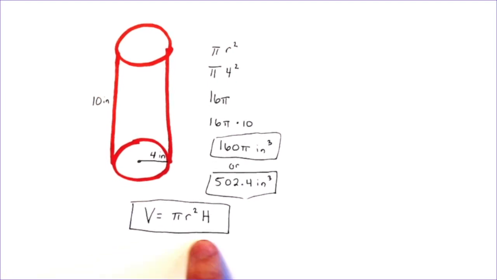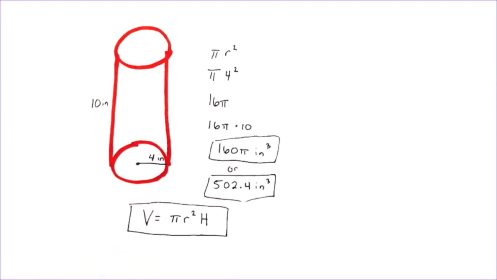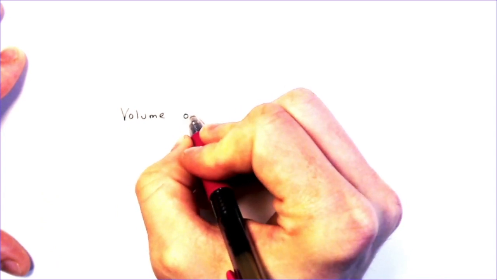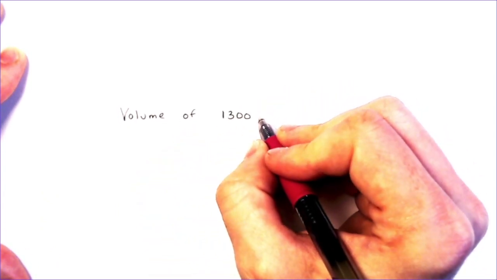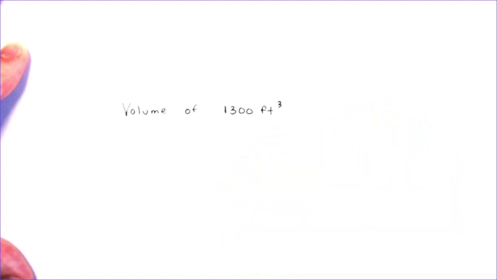And that is the volume of a cylinder. So because this is the volume formula of the cylinder, if you're given other information, such as the volume, you might be able to find what the radius is or what the height of the cylinder is based on the information you're provided. Okay, so we're going to do an example like that. So imagine if we had a cylinder with a volume of 1,300 feet cubed.